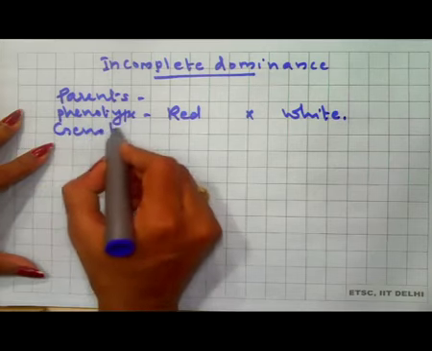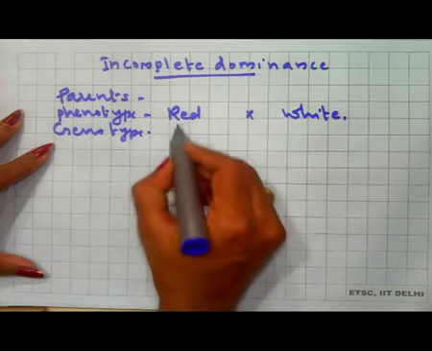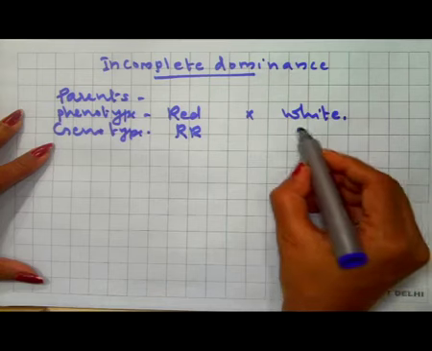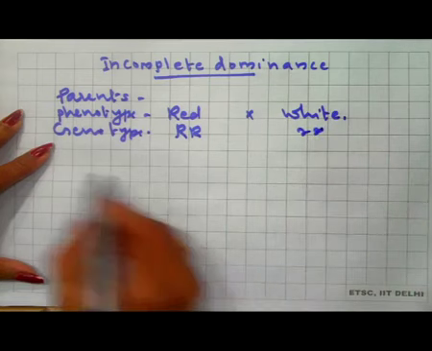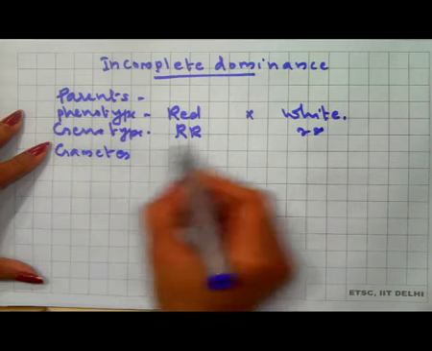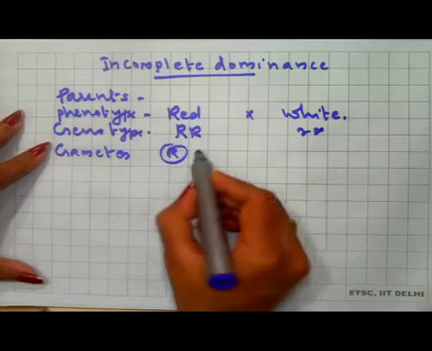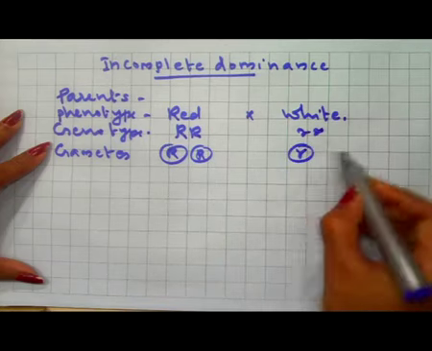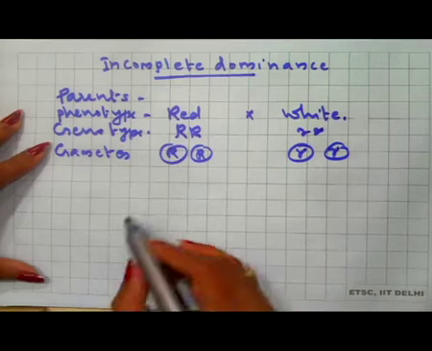The genotype is capital R and small r. Now, coming to the gametes, capital R gametes are produced here and small r here.